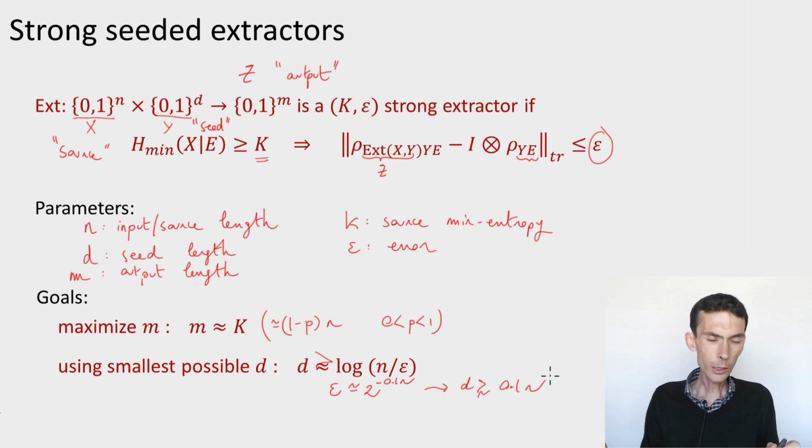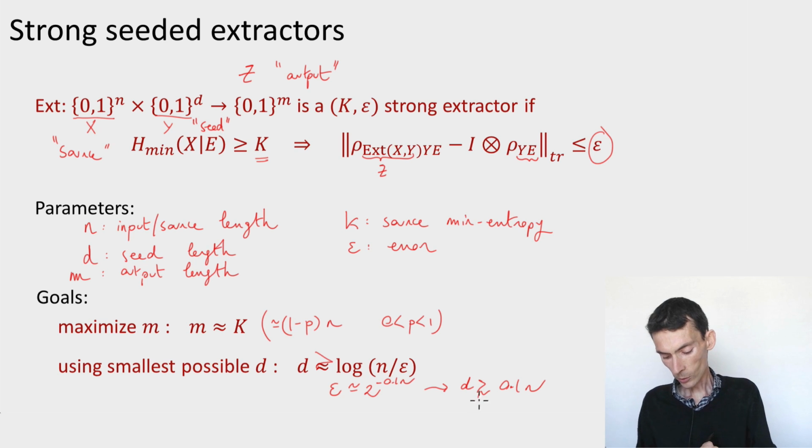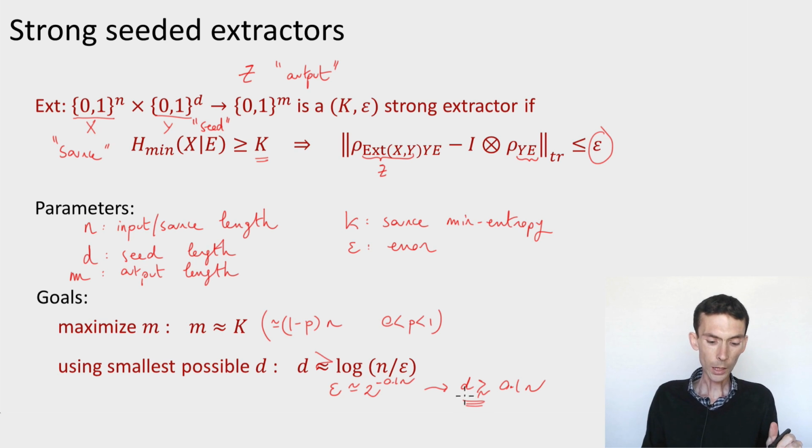So we're not really going to be able to beat this unless we settle for weaker errors, but in cryptography, we typically want our error or security parameters to be exponentially small, so this means that we're going to have to focus on the case of longer seeds. And this is what we'll do in the examples that we're going to consider in the next modules.